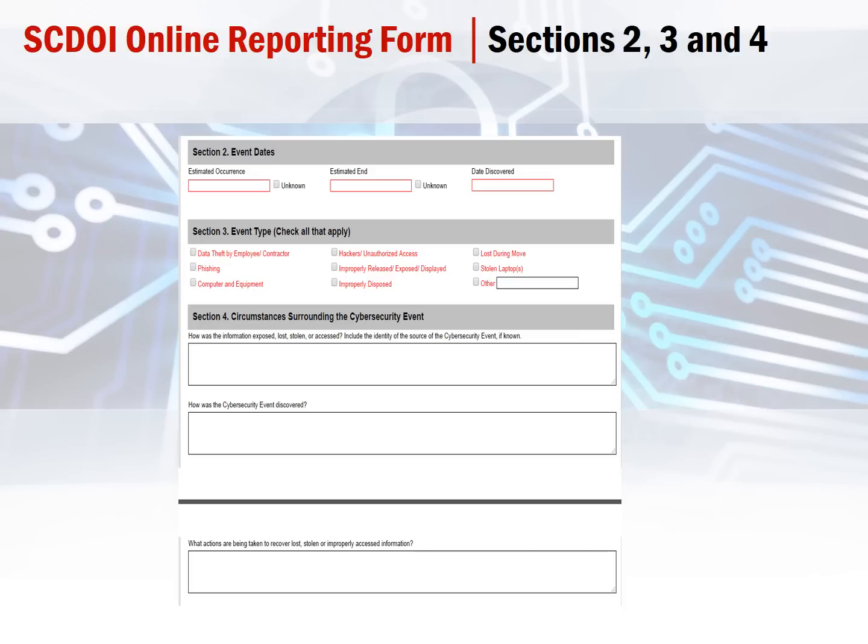Section 2 requires dates for the estimated occurrence of the event, as well as its estimated end, and the date that it was discovered. So if you don't know the estimated occurrence date or the estimated end date, you're still working through the investigative process, you are able to click the unknown check boxes to the right of each of those, and that will satisfy the minimum requirements, so you are able to submit this form within 72 hours.